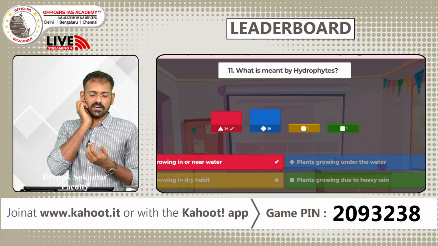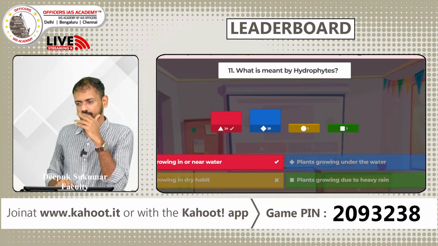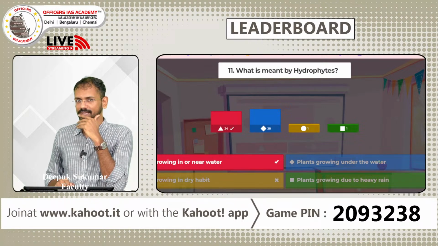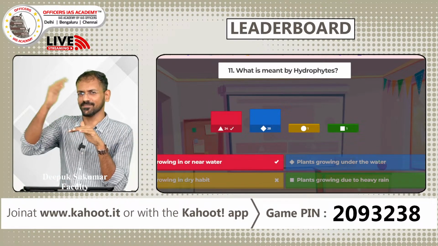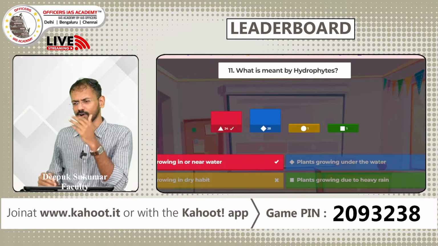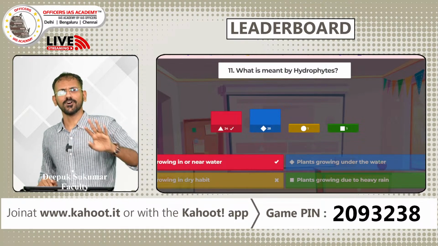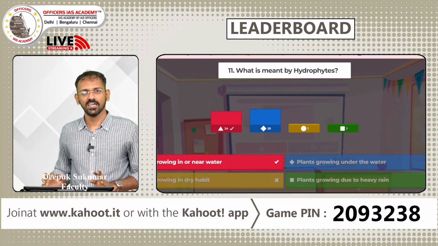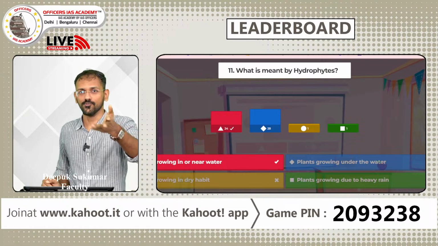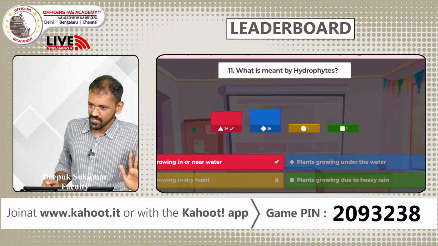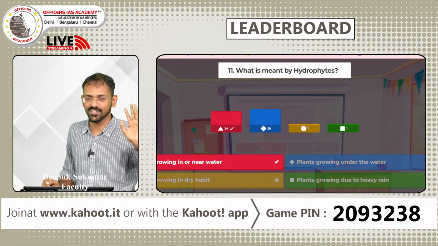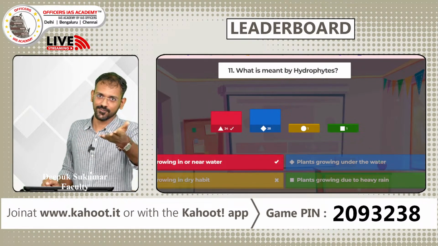It's only a very slight difference, but of course you can always argue that under the water means only one part of it is under the water, and the other part is above the water, so under the water is still right. I would also argue like you, so no problem. Although according to our key the answer is A, personally I would not fault you if you picked the answer B. Okay, but unfortunately you will not get the mark if you pick B. Although I think you deserve it.